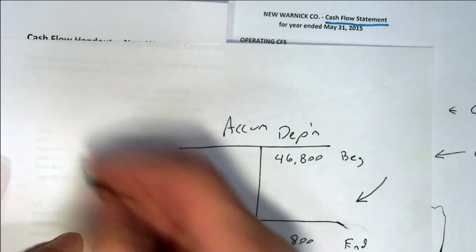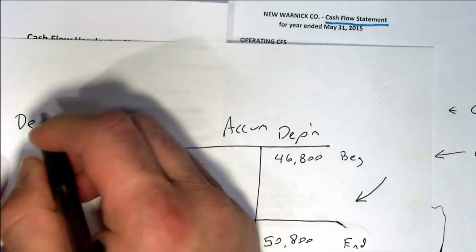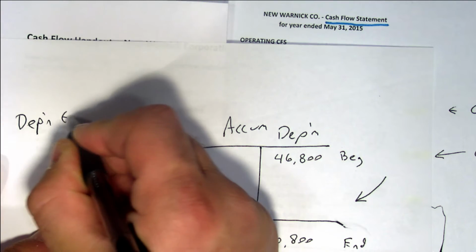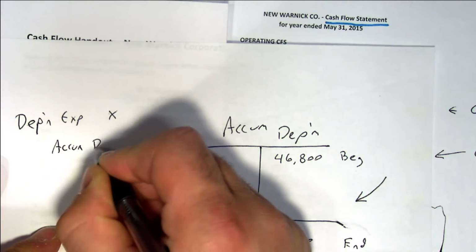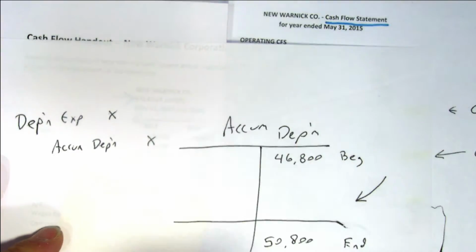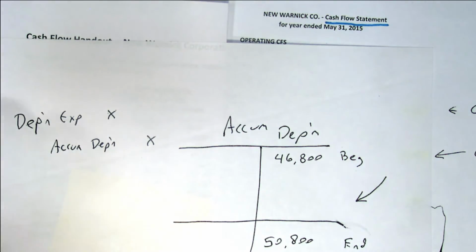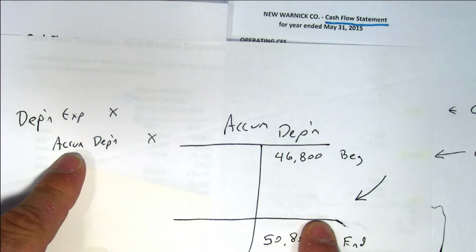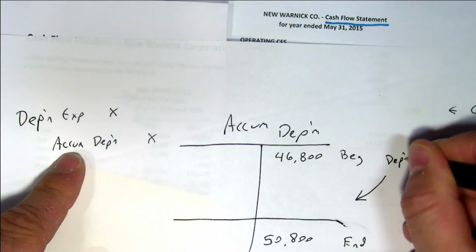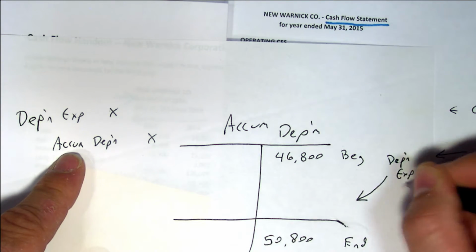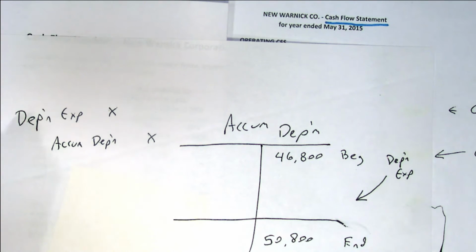Think about our depreciation entry. Isn't that when we credit accumulated depreciation? Do you see what I'm saying? Okay. So depreciation expense is when we credit accumulated depreciation. That's the way it accumulates, correct?